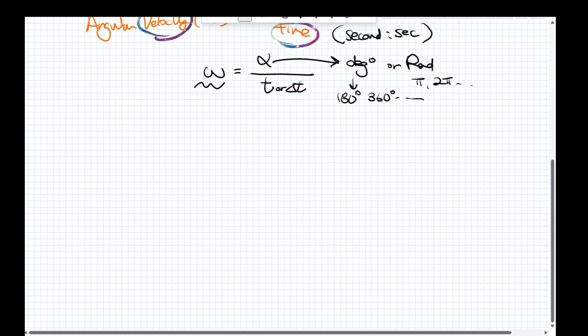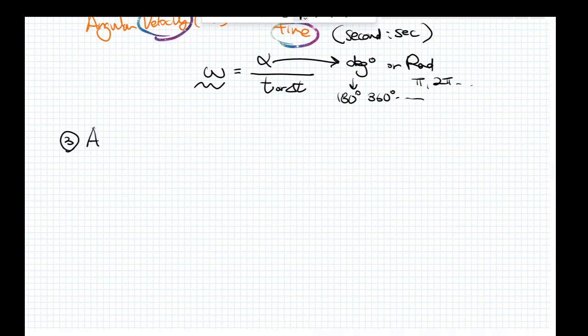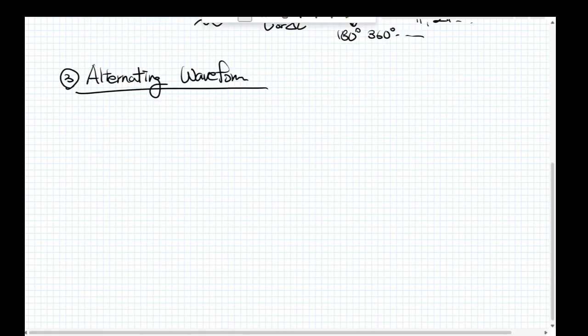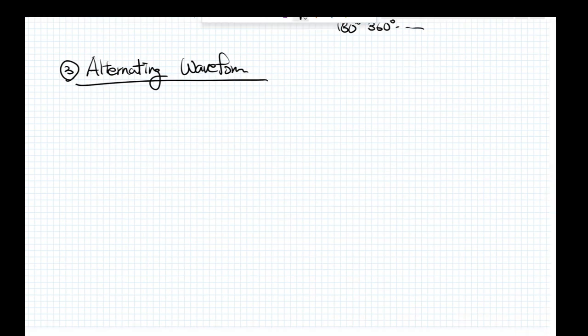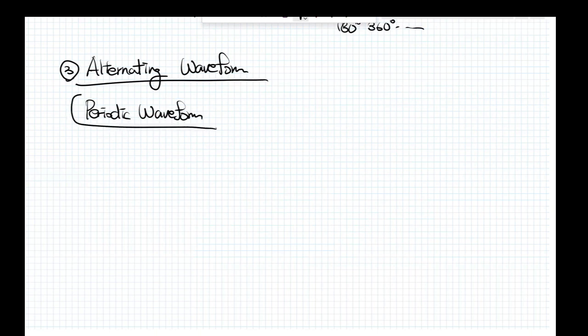So the next one is the alternating waveform. Alternating waveform is a kind of periodic waveform. That is a very important concept, the periodic waveform here. So what is the periodic waveform?